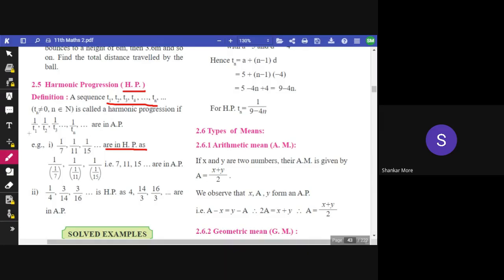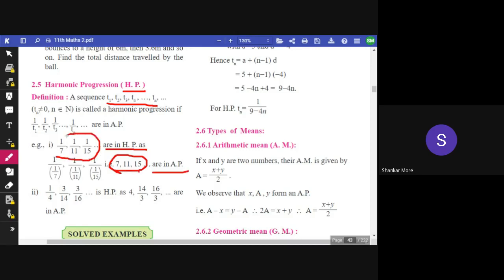What we have to do is take reciprocals of the given series. The reciprocal of 1 by 7, that is 1 divided by 1 by 7, becomes 7. Similarly, 1 by 11 becomes 11, and 1 divided by 1 by 15 becomes 15. So if you see, their reciprocals are in AP.